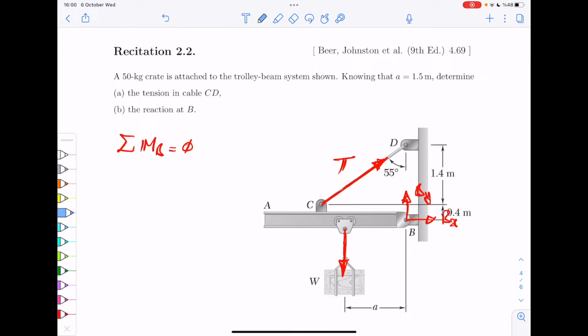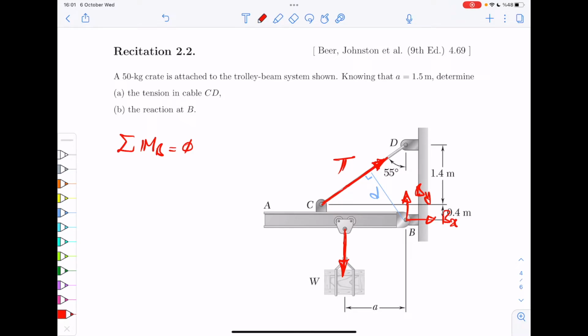So there is this line that you can just draw here with, let's say, a 90-degree angle, and let's call that distance D. Now, with respect to point B, if you multiply this distance times T, you get a moment that is clockwise, right? And then if you look at this weight, you can also multiply this distance, which we know is A, times weight, and this gives you a counterclockwise moment.